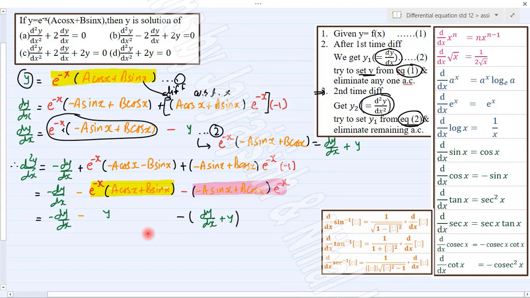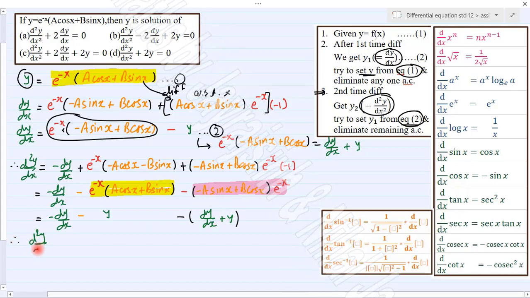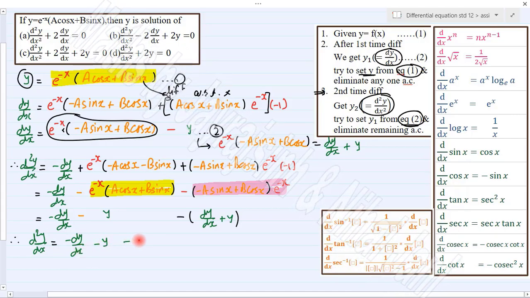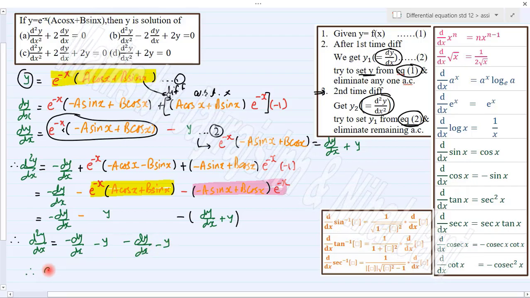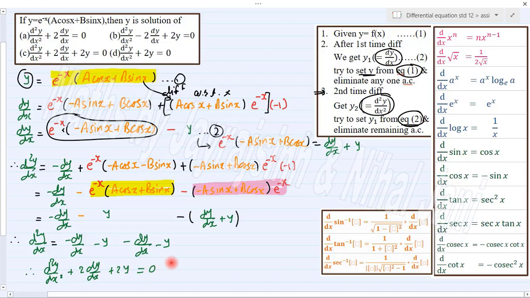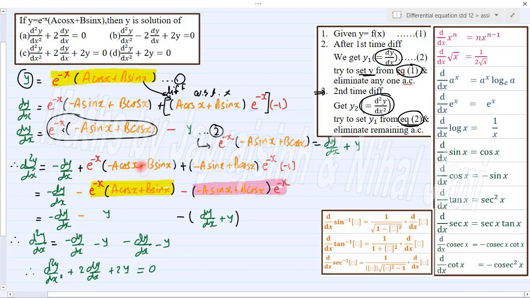So here we'll get d square y by dx square is equal to minus dy by dx minus y and again minus dy by dx and minus y. So here we'll get d square y by dx square plus 2 times dy by dx plus 2 times y is equal to 0, which is your required differential equation, given in option C.